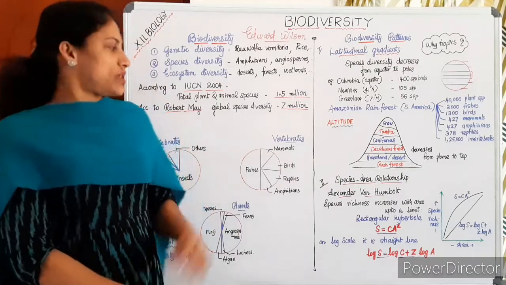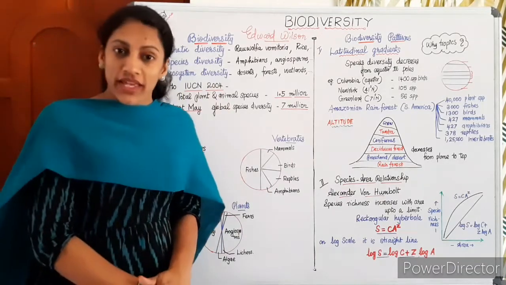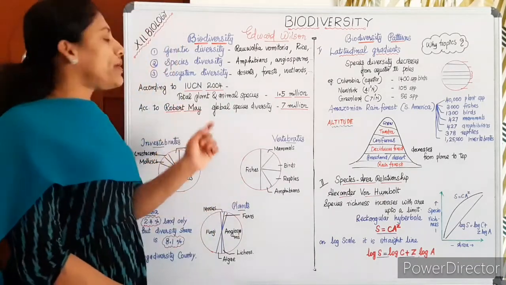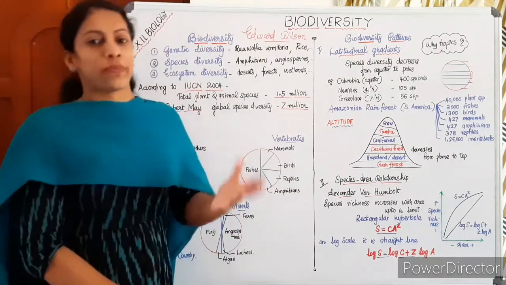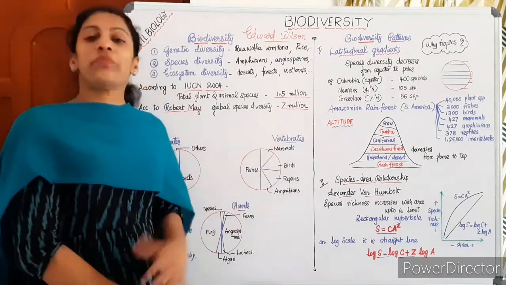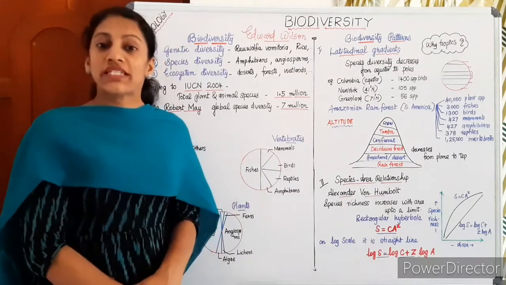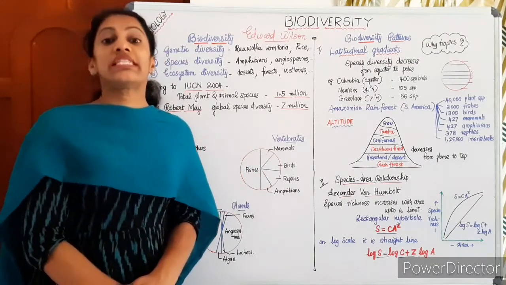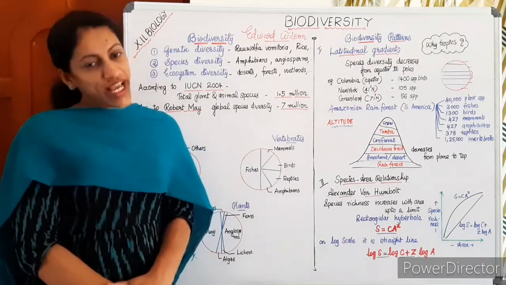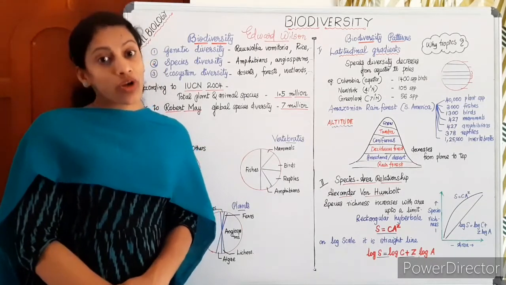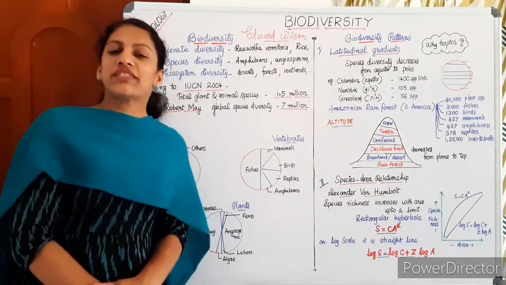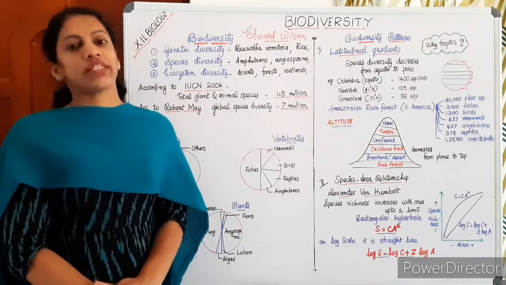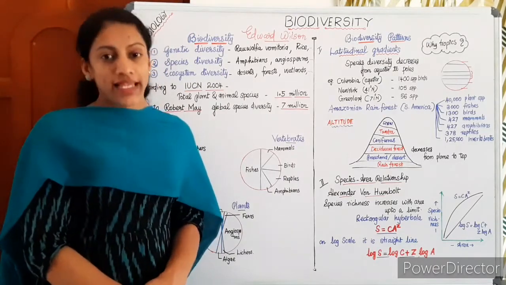Robert May, a sociobiologist, and his co-workers estimated that the global species diversity is about 7 million. According to Robert May and his colleagues, the global species diversity is 7 million.